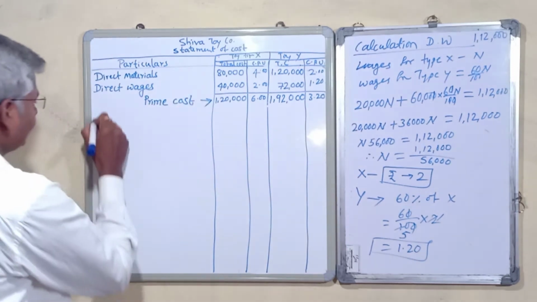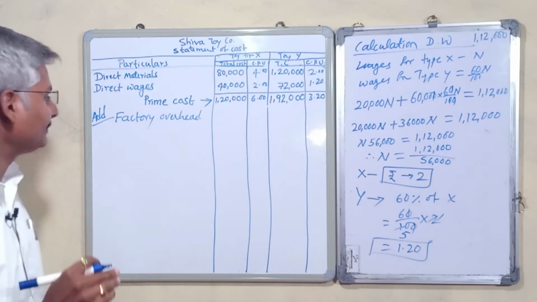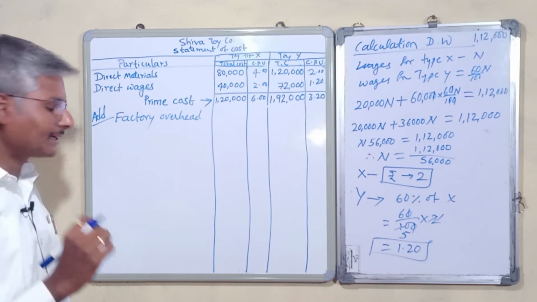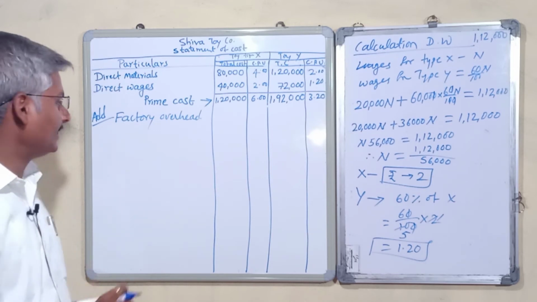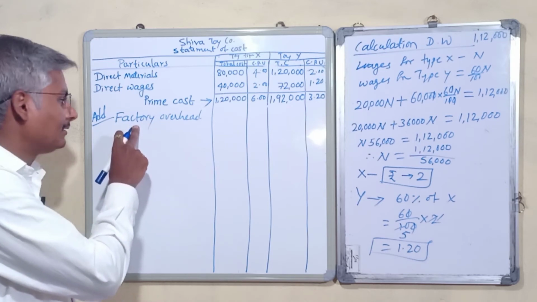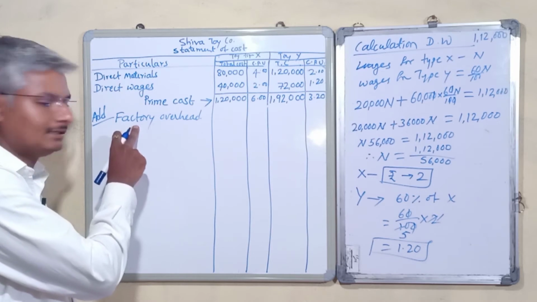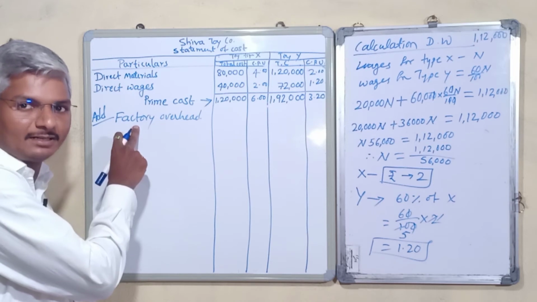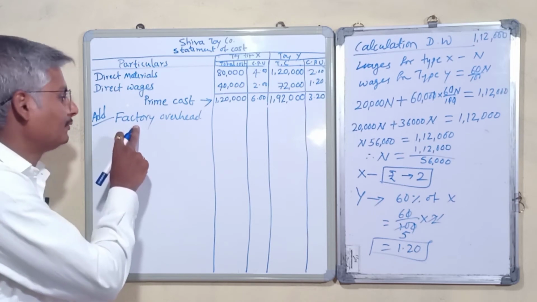Then add factory overhead. We have different functional classifications of overheads: factory overhead, administrative overhead, and selling and distribution overhead. Factory overheads are the expenses incurred in producing a product in a factory, which we also call manufacturing overhead or production overhead.